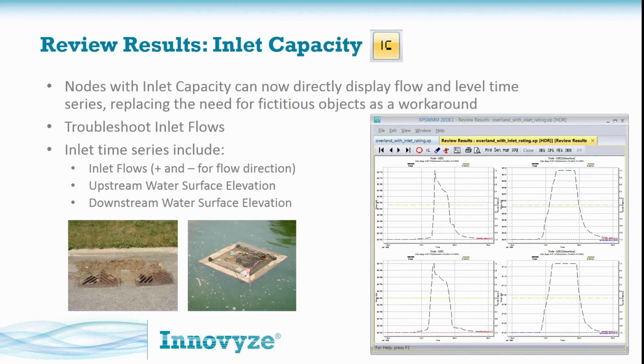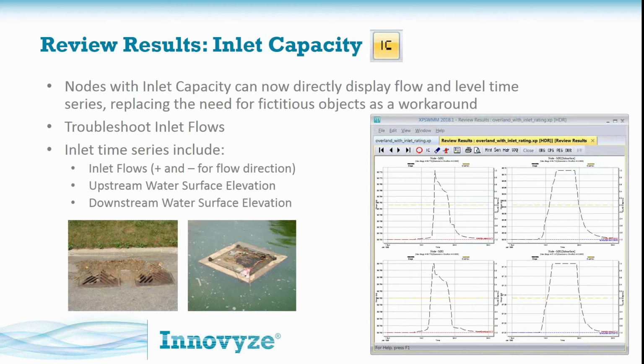A user could have, for example, made a fictitious link and labeled it in a special way such that it was the node name with a $R for rating, like the rating curve of the inlet capacity, and you would be able to get this graph. But that's not really user-friendly or intuitive at all.